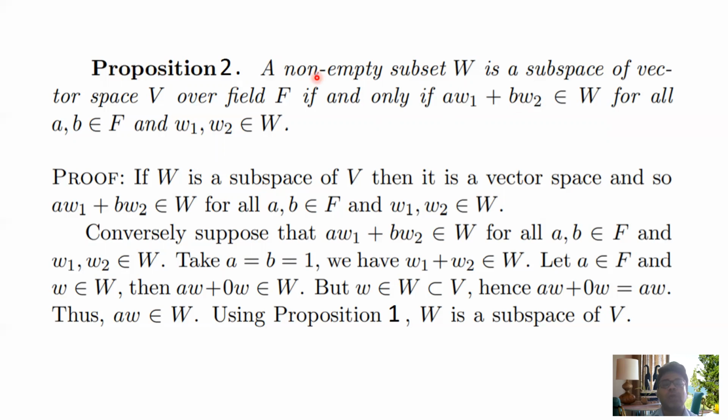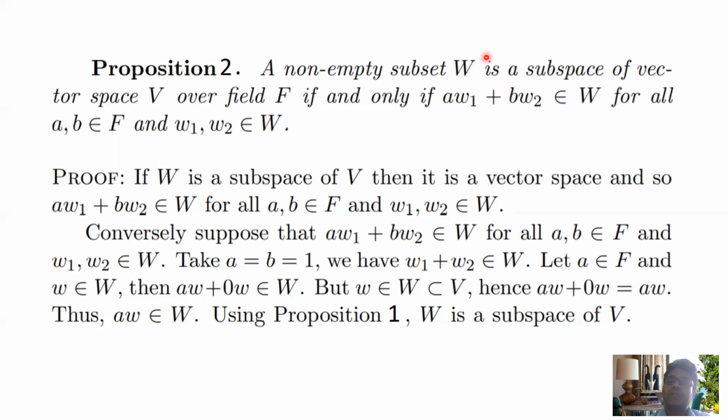Proposition number 2. A non-empty subset W is a subspace of vector space V over a field F if and only if aW1 plus bW2 belongs to W for all a, b belongs to F, and W1, W2 belongs to capital W. If the capital W is a subspace of V, then it is a vector space by default, and so aW1 plus bW2 belongs to W for all a, b belongs to F, where W1 and W2 belong to W. Clear?